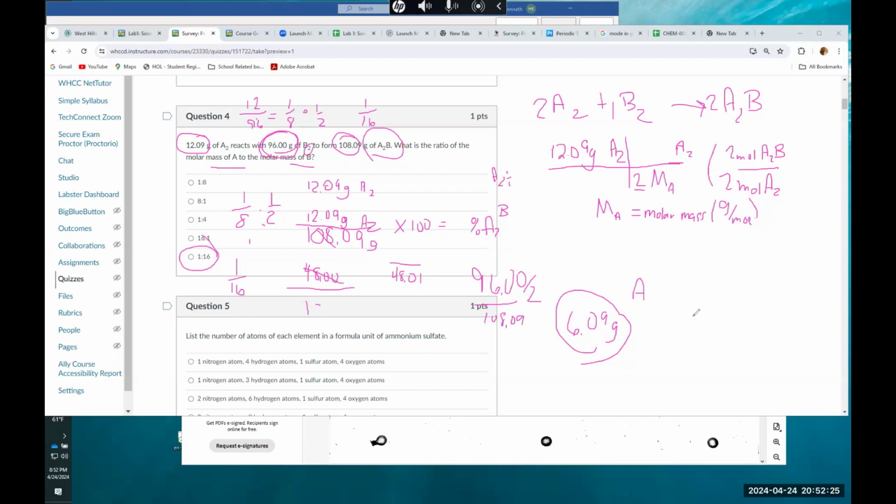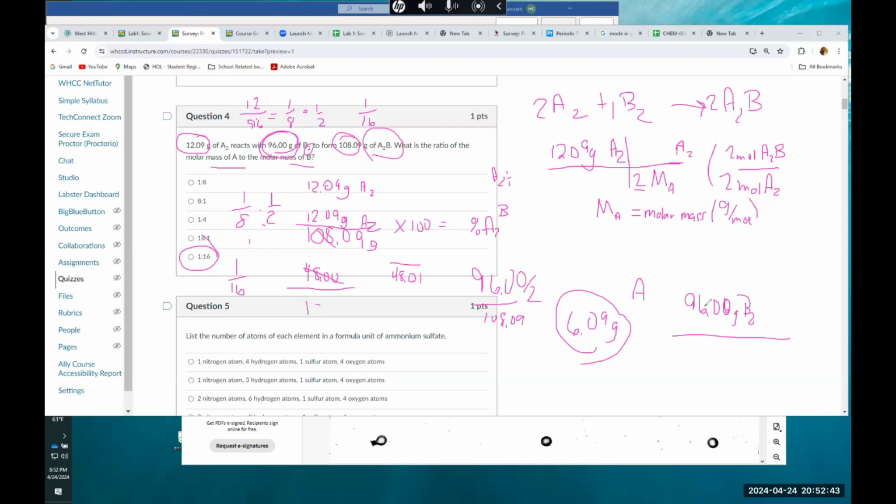So do the same thing for B, then we'd have 96.006 grams of B2. Okay, sorry, I keep doing that. I want to put other numbers there.